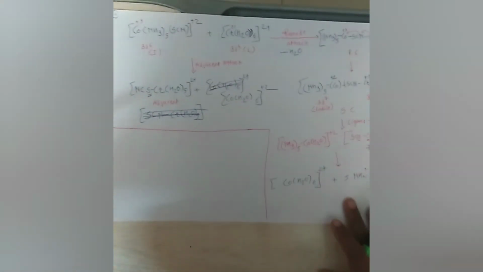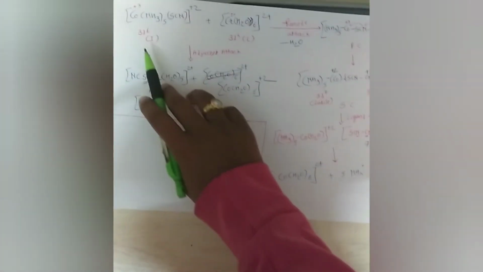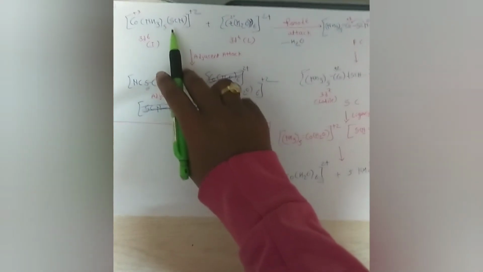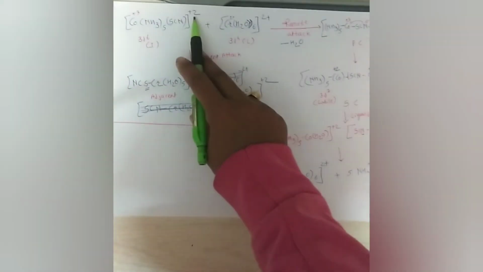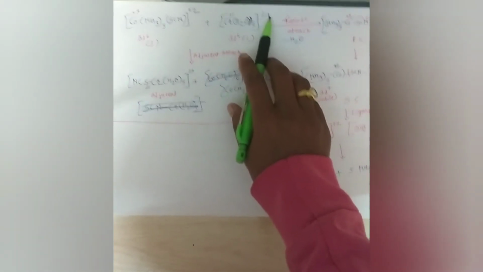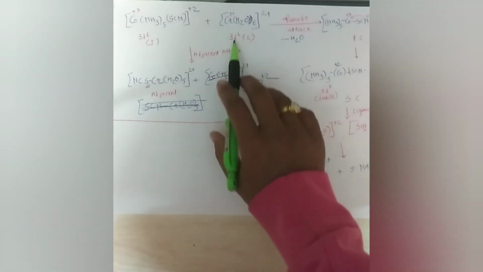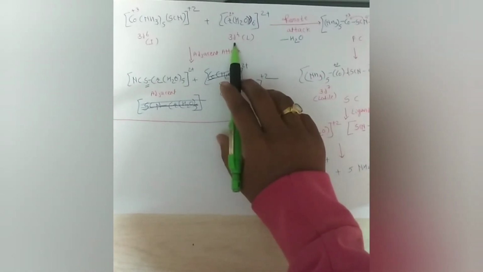So let us see another example of the inner sphere mechanism. Here we are considering [Co(NH3)5(SCN)] in +2 oxidation state and [Cr(H2O)6] in +2 oxidation state. Again, in the first case the system is d6, and in the second case the system is d4.